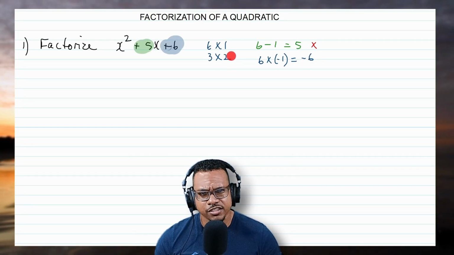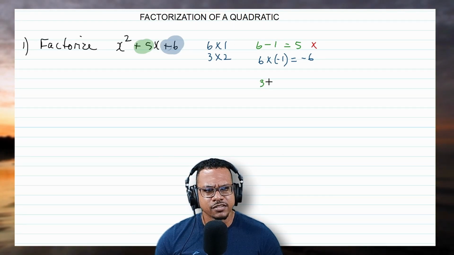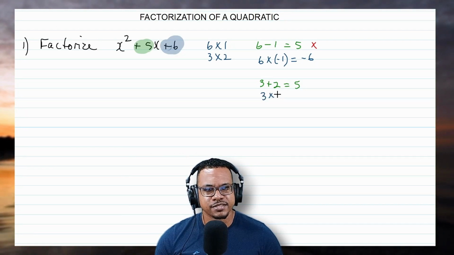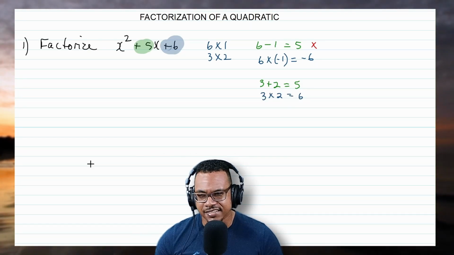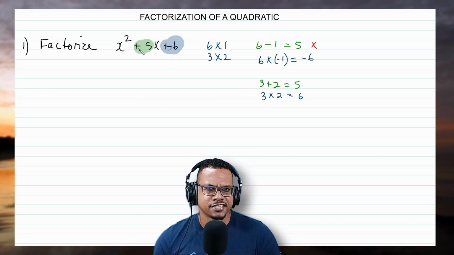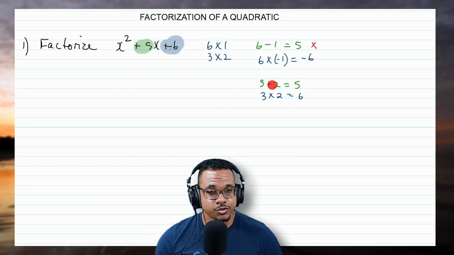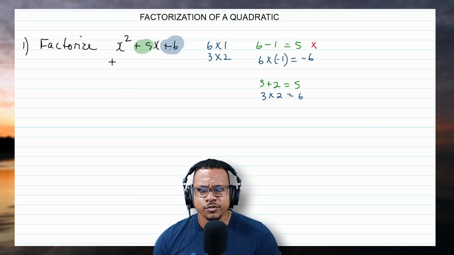Now let's try the 3 and the 2. So 3 plus 2 is equal to 5. And of course, if I multiply that positive 3 by positive 2, I'm going to get positive 6. So yes, I satisfy both this positive 5 here and also this positive 6 here by using positive 3 and positive 2. So all I have to do now is come up with the brackets like this.